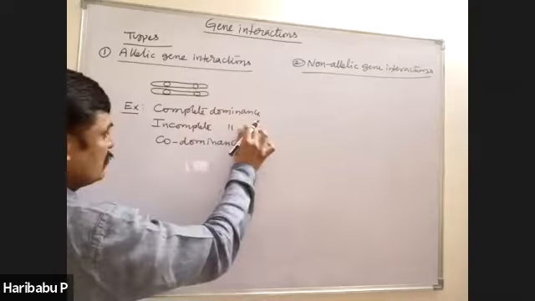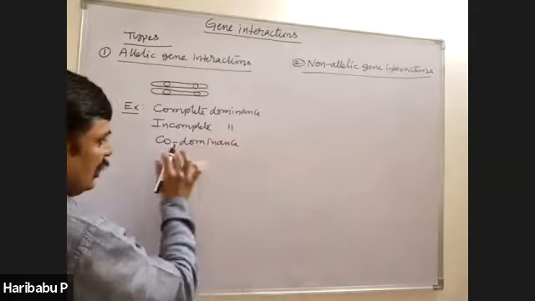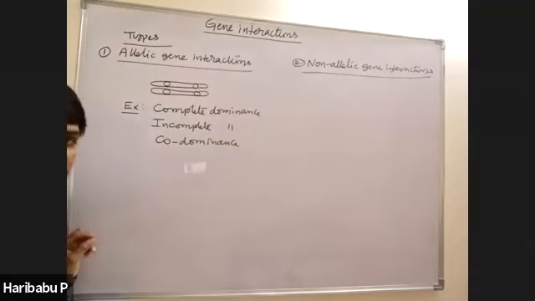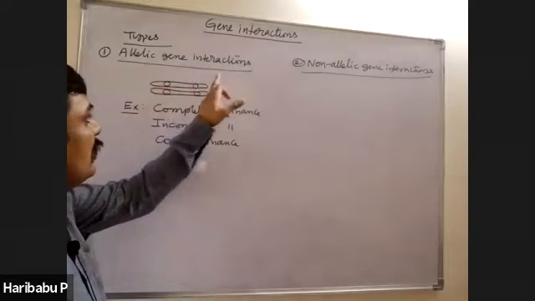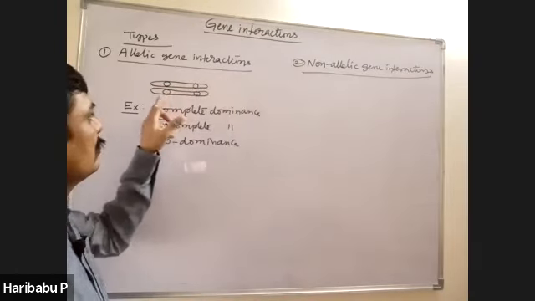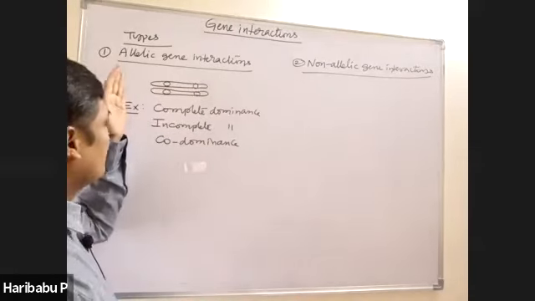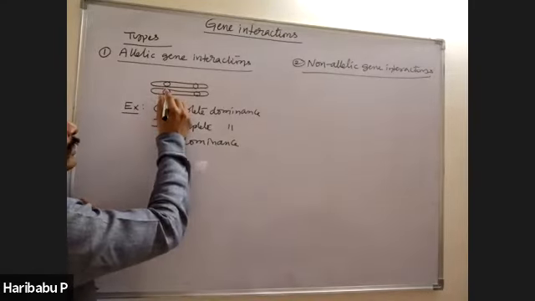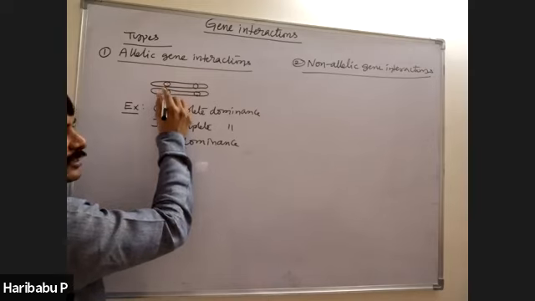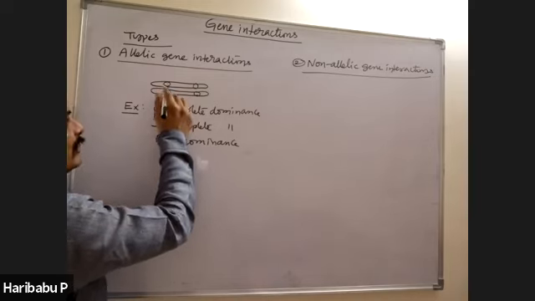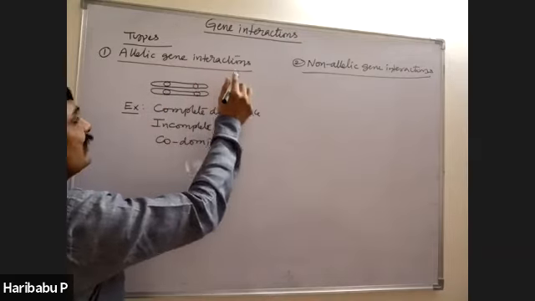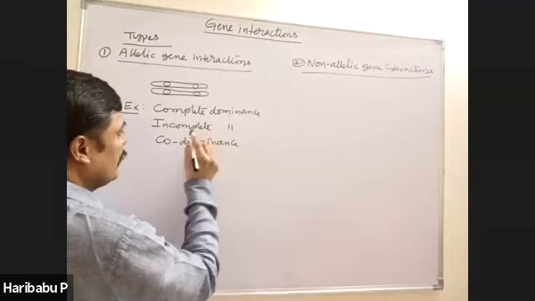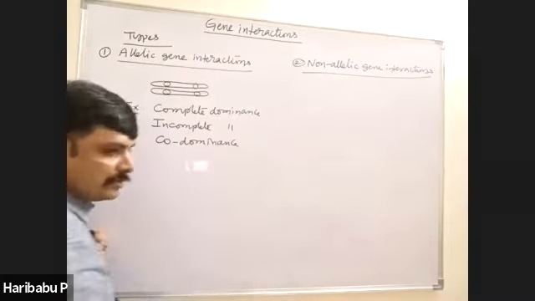Complete dominance, incomplete dominance, and codominance are examples for allelic gene interactions, right? So what are allelic gene interactions? When gene interaction occurs between two alleles of a single locus, it is known as allelic gene interaction. Examples are complete dominance, incomplete dominance, and codominance.